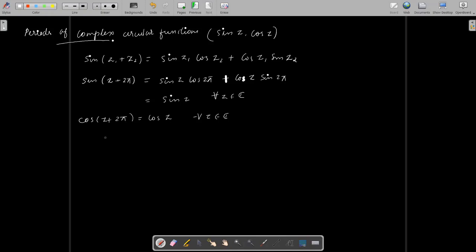If we write cos of z plus 4 pi equal to cos of z plus 2 pi plus 2 pi, we can reduce this to cos of z plus 2 pi, and hence this is equal to cos z. So not only is 2 pi a period of cos z, but 4 pi is also a period of cos z. Clear? Similarly, you can prove that 6 pi, 8 pi are all periods of cos z and sin z as well.